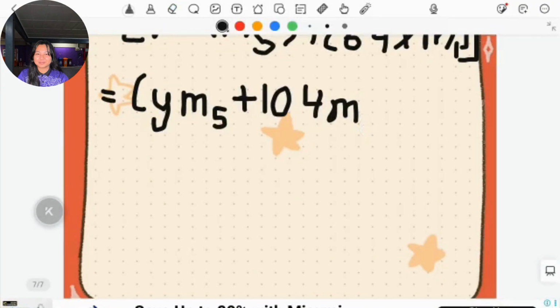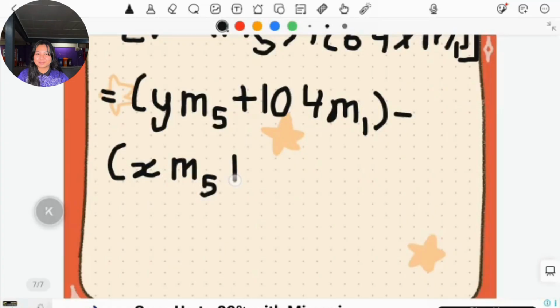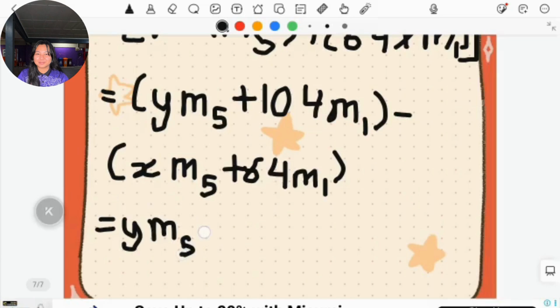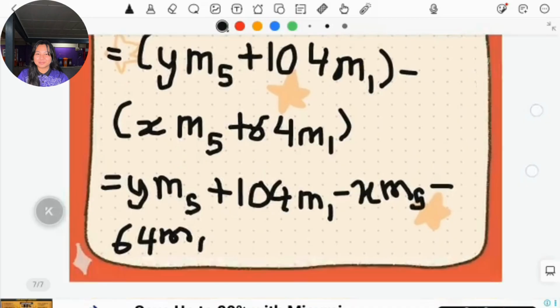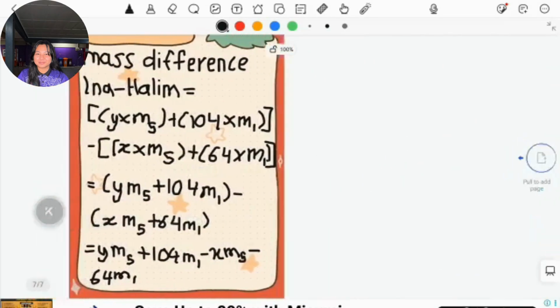So it will be in bracket y m5 plus 104 m1 minus in bracket x m5 plus 64 m1. And then we need to remove the bracket and expand it. So it will be y m5 plus 104 m1 minus x m5 minus 64 m1.